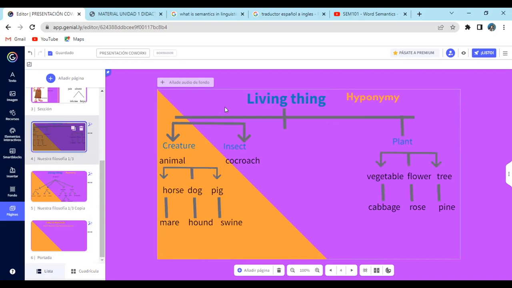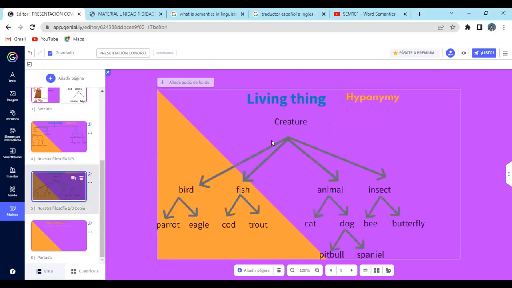If you want, you can create a diagram like this one, just the model, using this example but taking into account the phrase living thing.